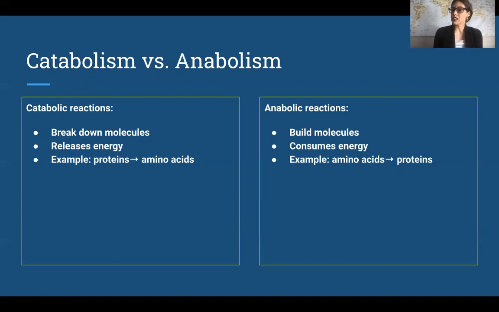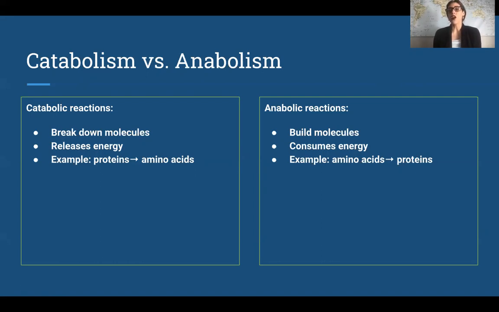A few simple examples that we can look at involve our proteins and amino acids. So our digestive system involves a lot of different catabolic reactions, one of those being taking proteins, which is our larger unit from our foods, and breaking it down into those individual amino acids. However, our bodies are extremely efficient when it comes to reusing amino acids.